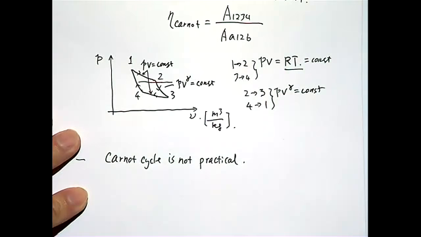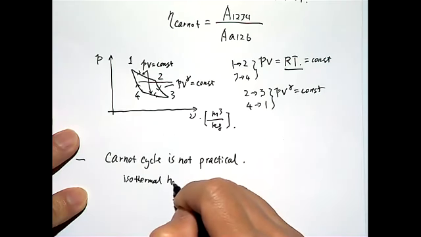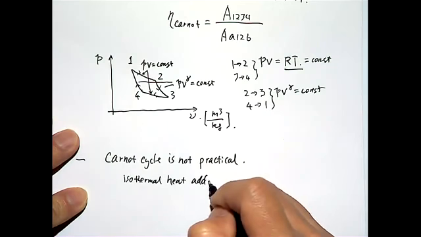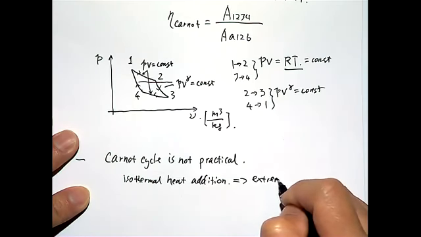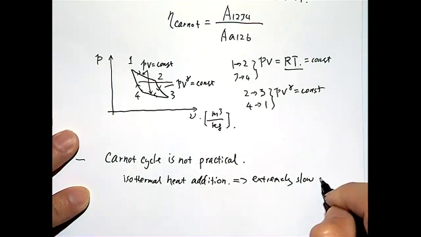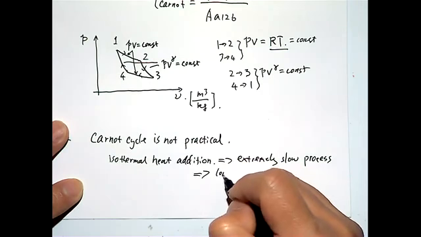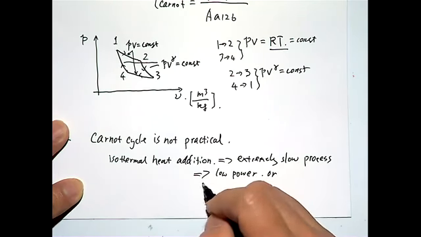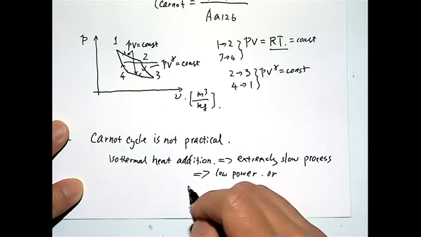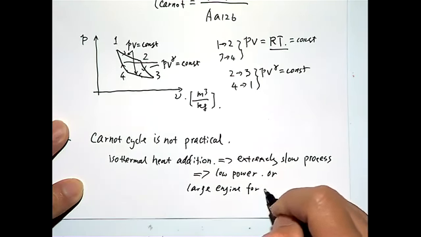So let me write a few statements. So, isothermal heat addition means an extremely slow process, which means low power, or a large engine for the same power.